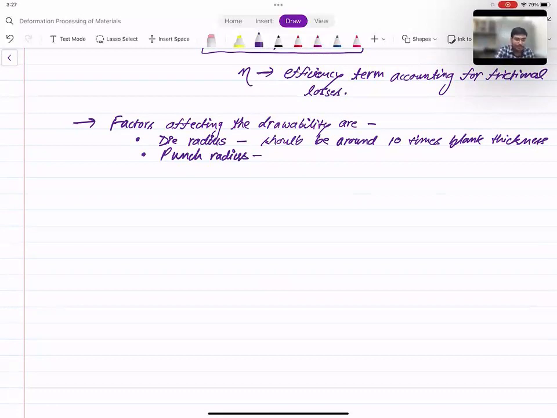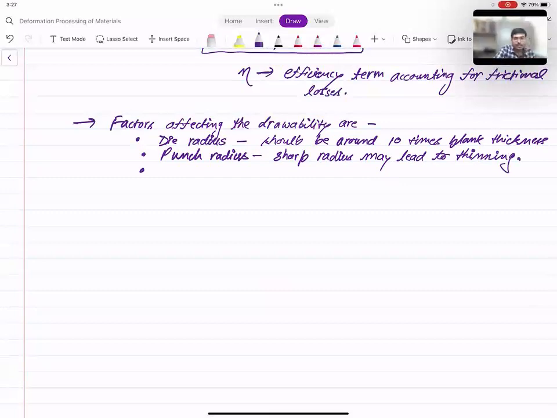A sharp radius may lead to thinning and tearing, and we have seen that thinning should be avoided.